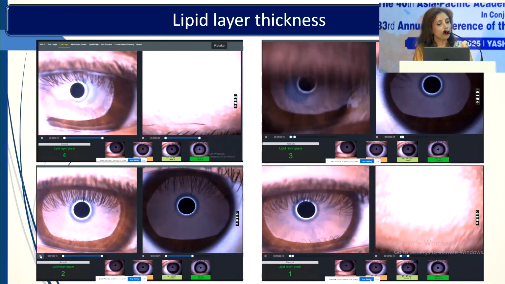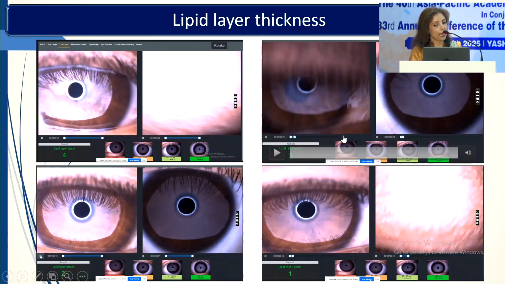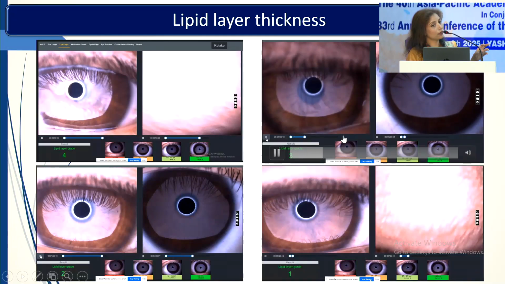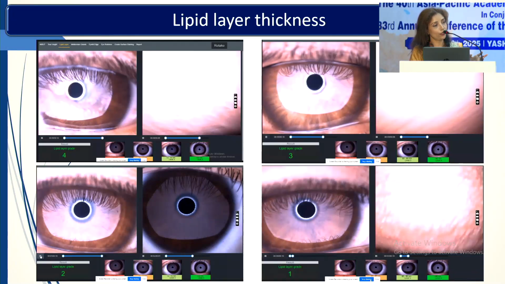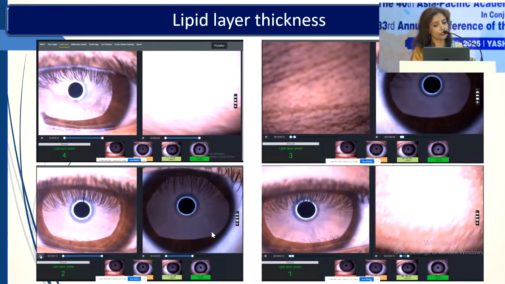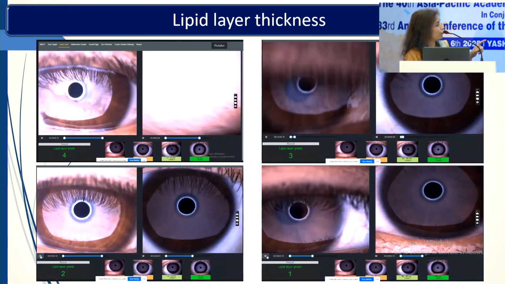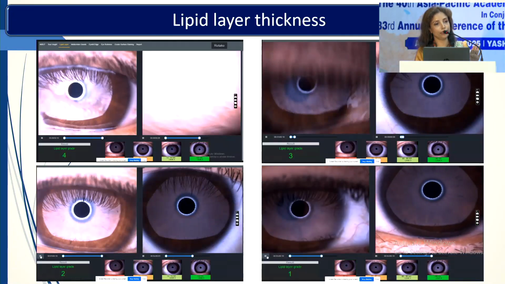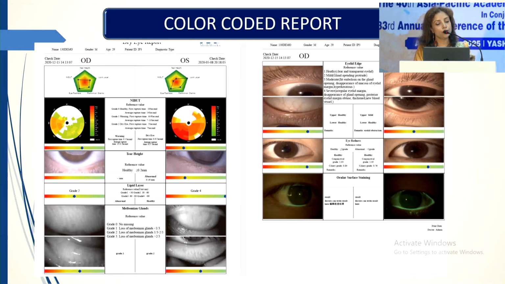So this eye, the left-sided eye, is the patient eye, and the right-sided eye is the sample eye fitted in the device, and the AI matches it with the sample eye provided in the device. And the last video, where you see that there are almost no fringes, has a very, very thin lipid layer. So this is how the interface looks like.